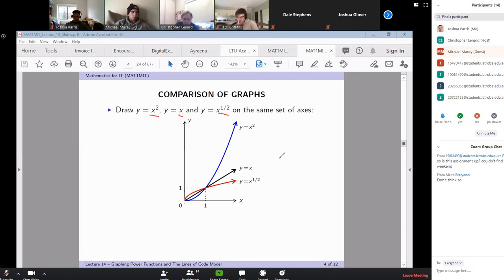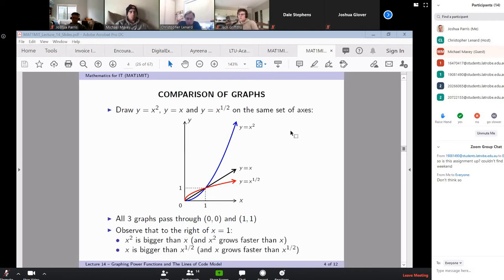So the same input for all three gives you the same output for all three. In other words, the red x to the half, the black x, and the blue x squared all intersect at 1, 1. So all three graphs intersect at 0, 0, and 1, 1.